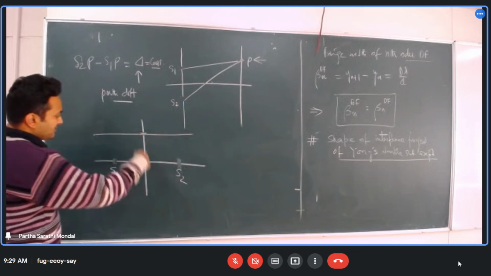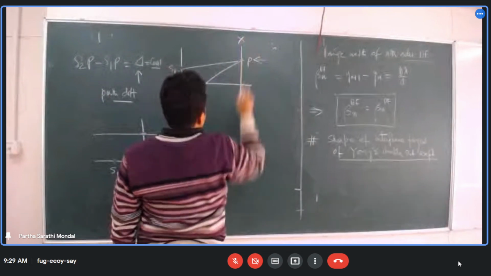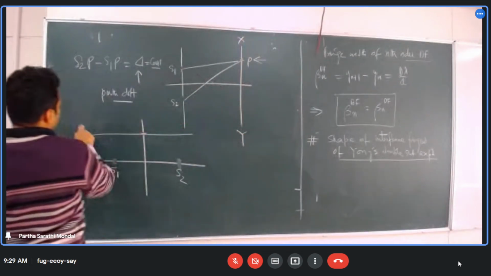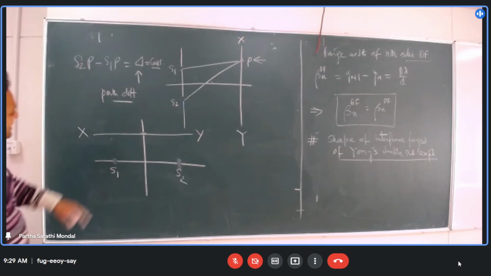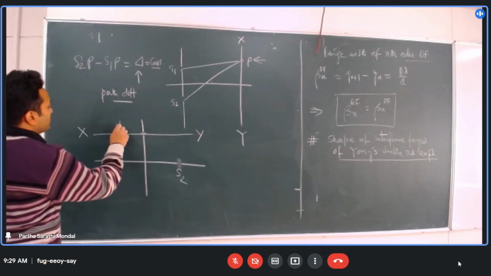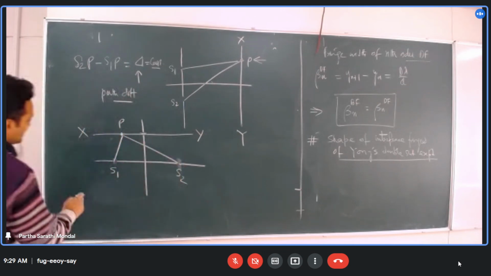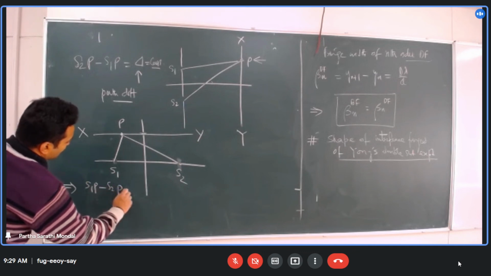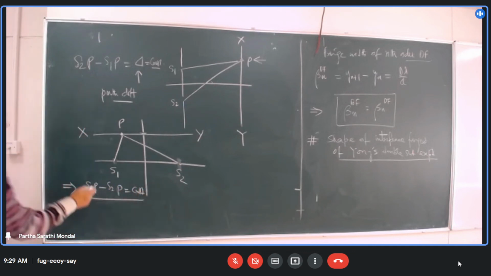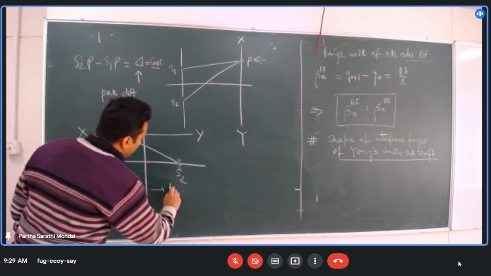This is the screen, the XY screen, and your slits are S1 and S2. So now if I take a point P, that means S1P minus S2P equal to constant. This condition is the condition of what? Of a hyperbola.